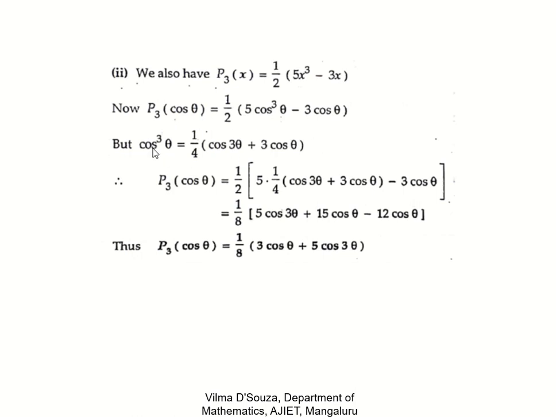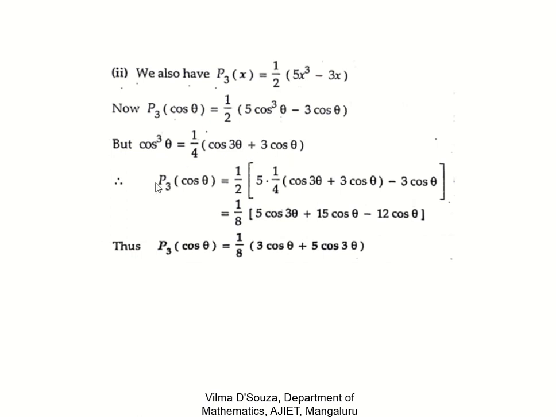Now use the formula for cos cube theta. What is cos cube theta? Or write down the formula for cos 3 theta, then from that you find cos cube theta. What is cos 3 theta? 4 cos cube theta minus 3 cos theta. Right? Cos 3 theta is 4 cos cube theta minus 3 cos theta. So what is cos cube theta? 1 by 4 into cos 3 theta plus 3 cos theta.